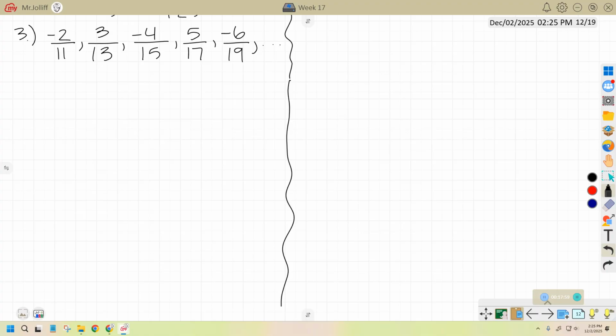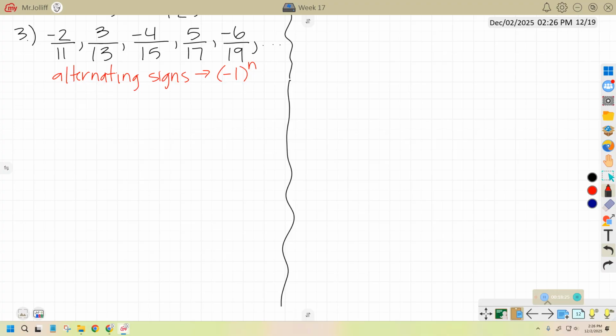I know when I see an alternating sequence that I should have a power of -1 somewhere in here. Because if I have a -1 to the n, odd locations have negative answers.